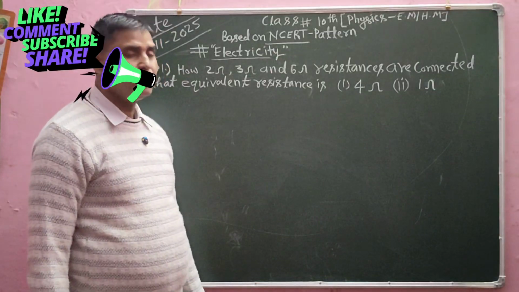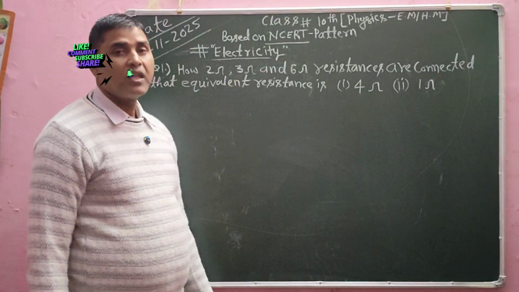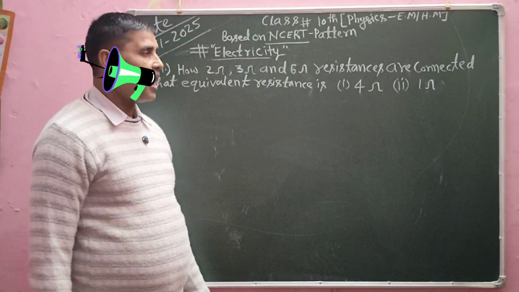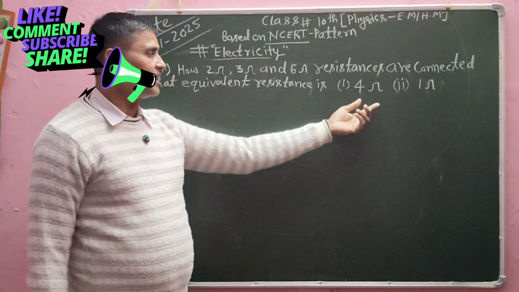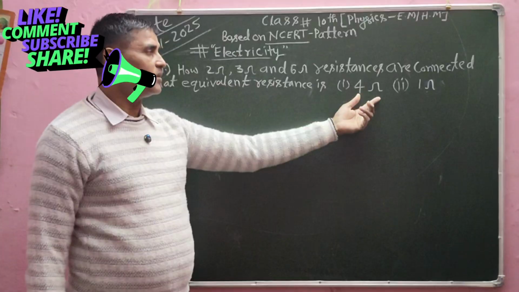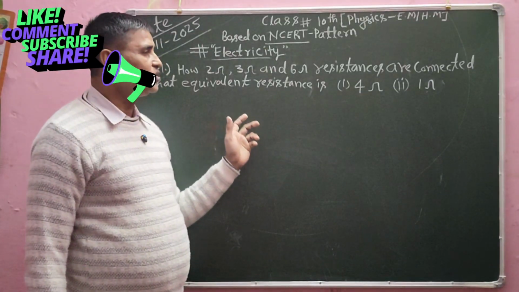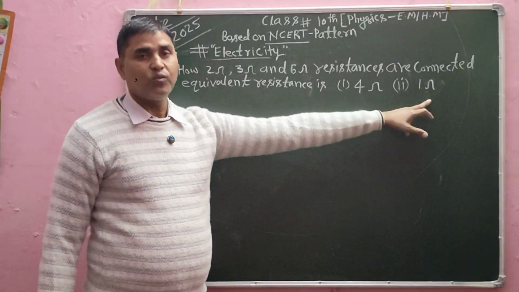We have to arrange and connect all three resistances so that the resultant is 4 ohm, and in another way we also have to arrange them so that we get 1 ohm.